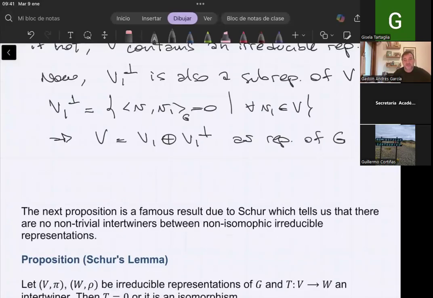So V1 is irreducible, but V1 orthogonal maybe not. So we do the same. If V1 orthogonal is irreducible, then we are done. If not, we continue like this.